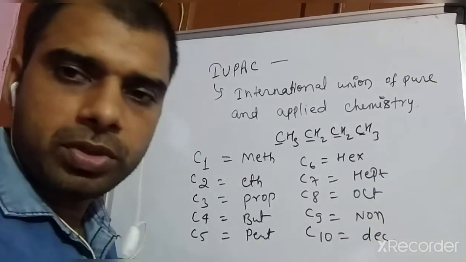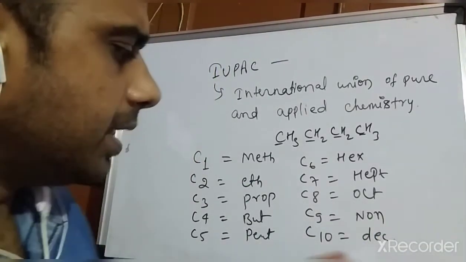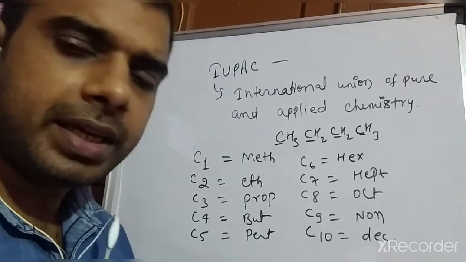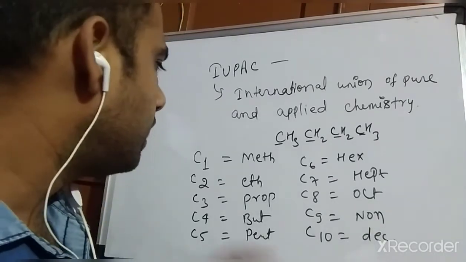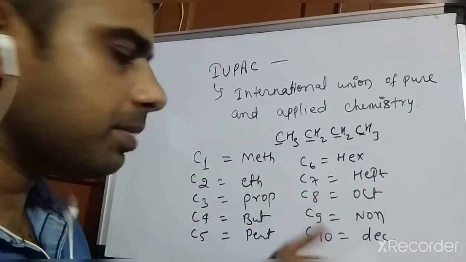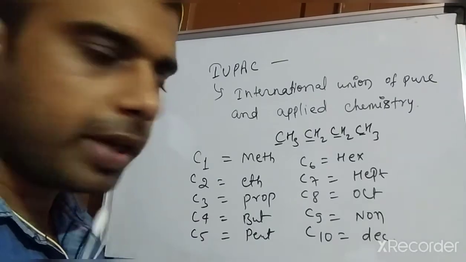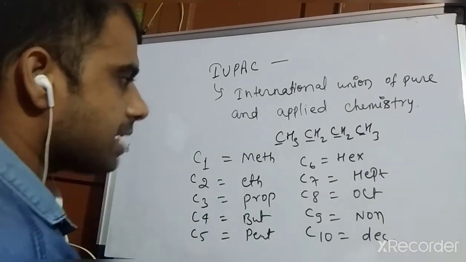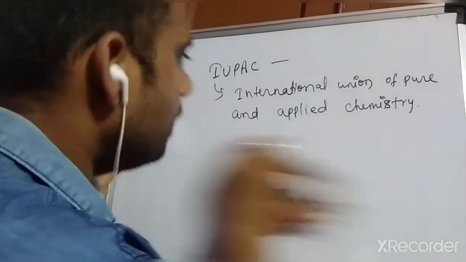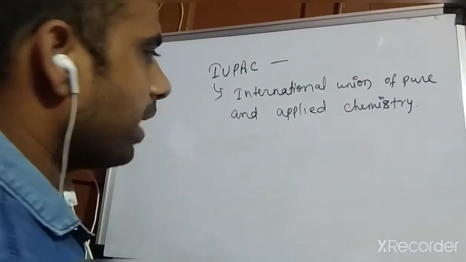Till this I am giving you. After that, C11 undec, C12 dodec, tridec, tetradec. You can write serially, but these numbers of carbon atoms come again and again, as you have done in class 10 also. So as you know, International Union of Pure and Applied Chemistry.